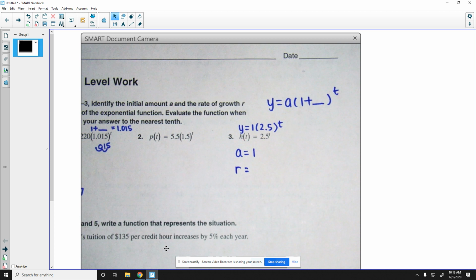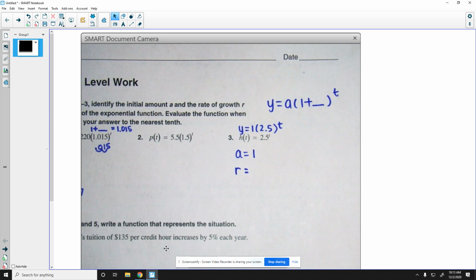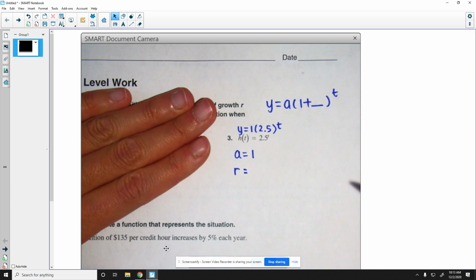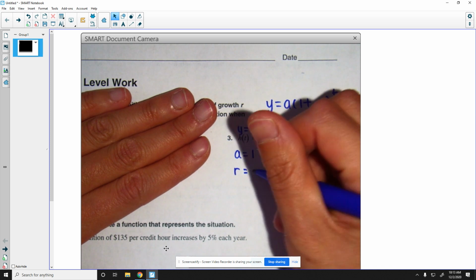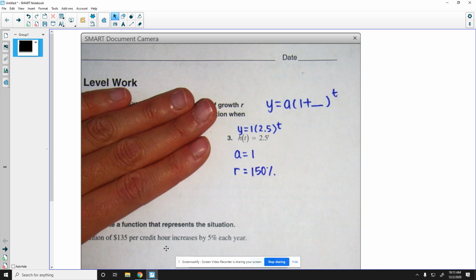that's tricky, is how many percent? Not 15. 150. How did you get 150? Because you are absolutely correct. Oh, yeah.